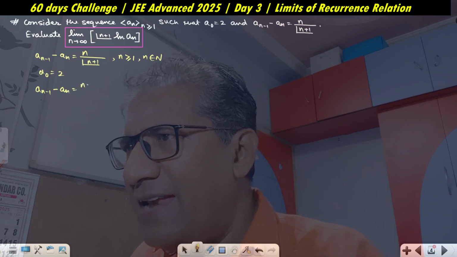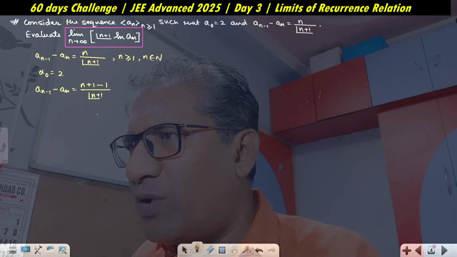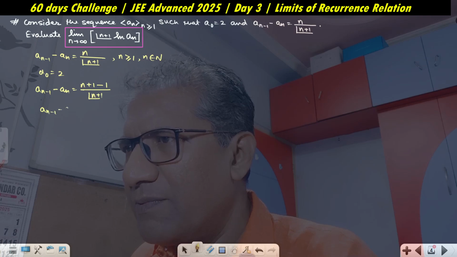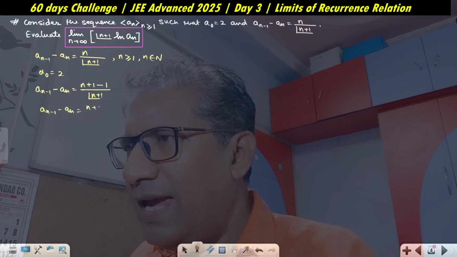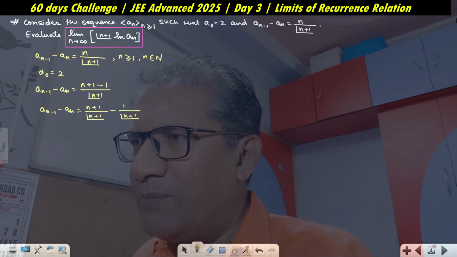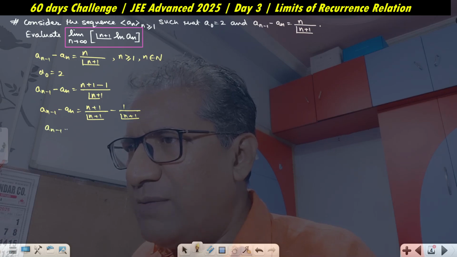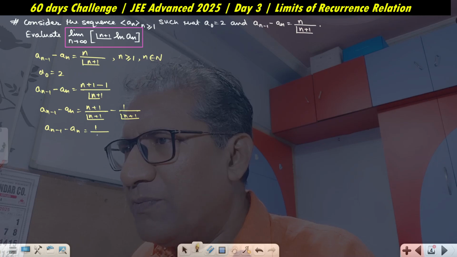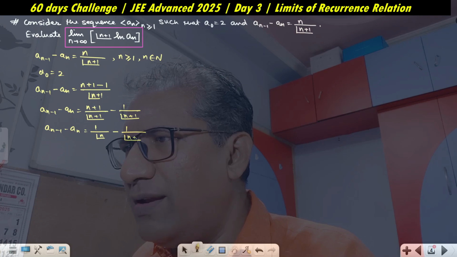I'm writing this n as n plus 1 minus 1, divided by factorial n plus 1. So this can be written as (n plus 1) over factorial n plus 1 minus 1 over factorial n plus 1, which can be written like 1 over factorial n minus 1 over factorial n plus 1.